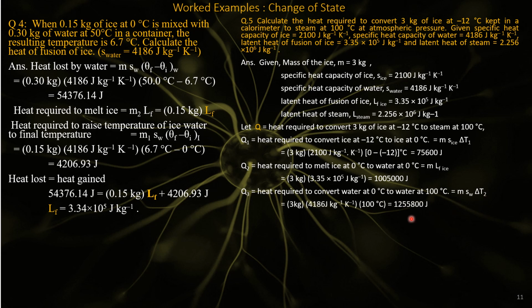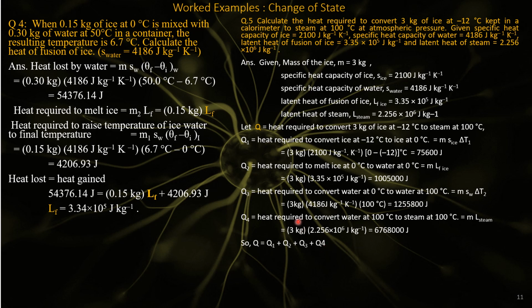Substituting the values, we get 3 into 4186 into 100, that is equal to 1,255,800 joules. And there is another heat required to convert water at 100 degrees to steam at 100 degrees. Here the temperature remains constant. Therefore, Q4 is equal to m into L of steam, that is latent heat of steam. Substituting the values, we get 6,768,000 joules.